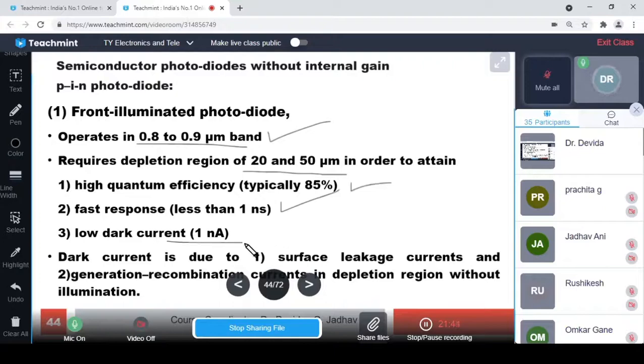Dark current is the surface leakage current and generation-recombination current in the depletion region. So that contributes to dark current. Dark current is the current when there is no light.